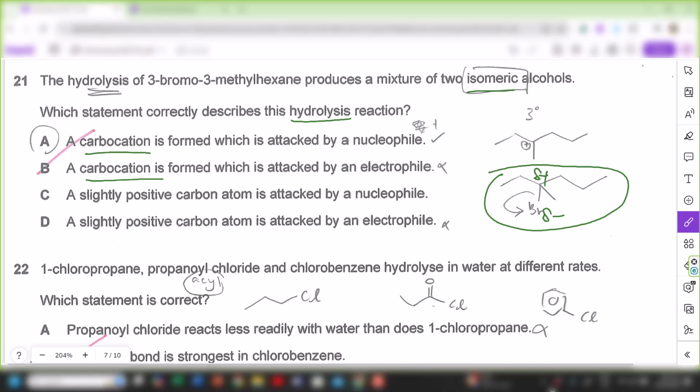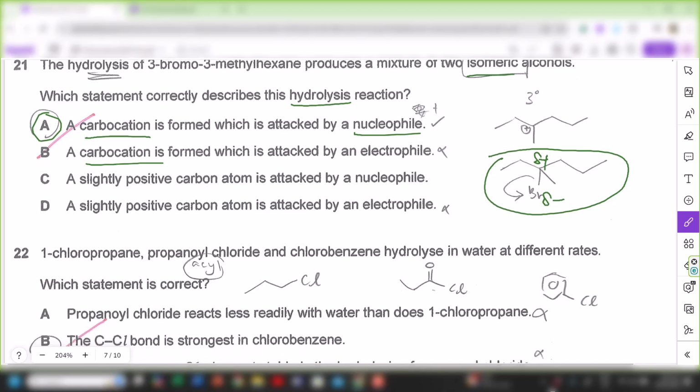So definitely the attack must be by a nucleophile, and we'll be selecting option A. The rest of the options we won't bother to look through. If you want to, you can. But as I mentioned earlier, with everything in place, you know that tertiary means SN1, and SN1 means it goes through a tertiary carbocation.